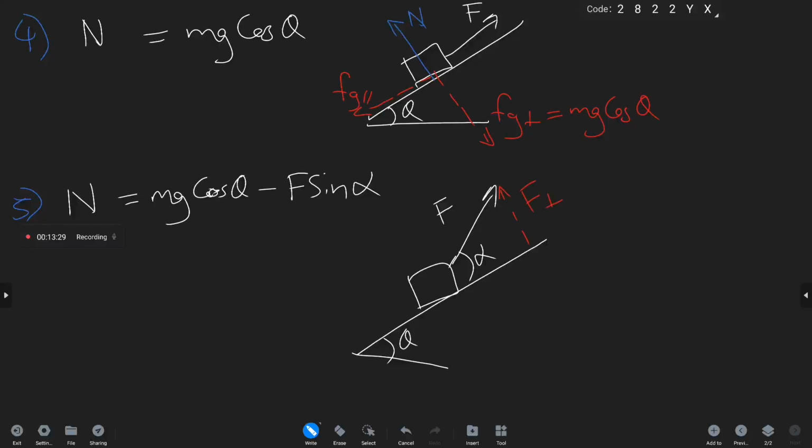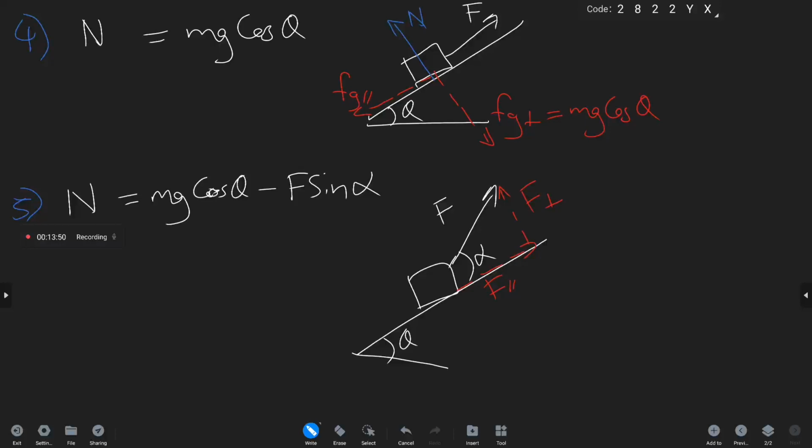So now, therefore, we have the perpendicular component of the applied force, or any force for that matter. That's the one that we are referring to. And then we're also going to have the parallel component of the same force. So our focus is on the perpendicular component at the moment.